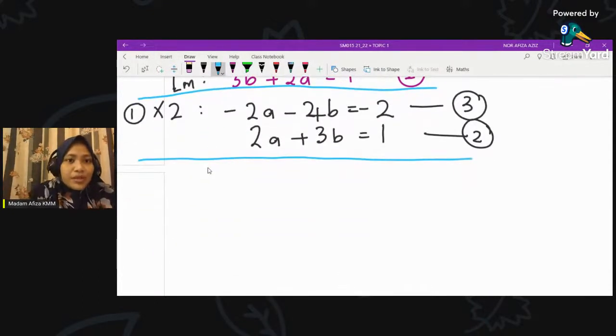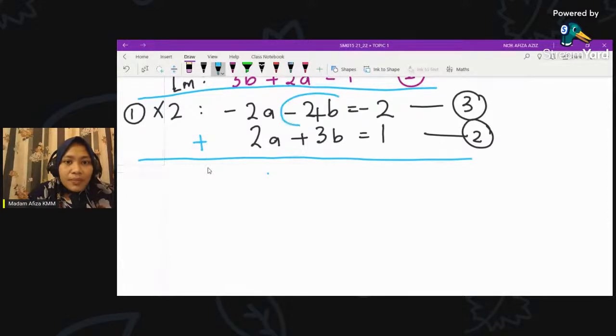So now, kalau kita nak hilangkan A ni, kita kena tambah, supaya negatif 2 tambah 2 akan jadi kosong. Then kita tengok yang ni pula.